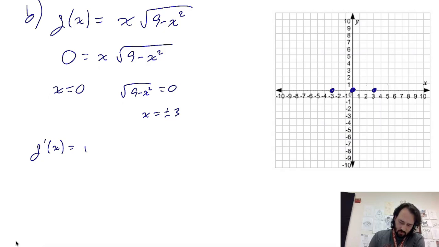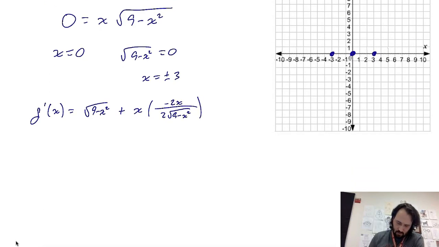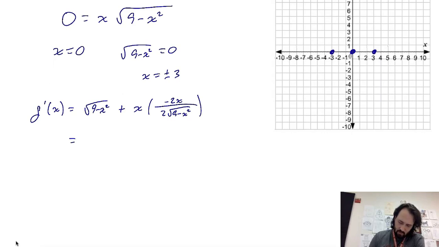So the derivative of the first is just x, so just 1, plus the first times the derivative of the second, and then I'm going to get a common denominator with these things and combine them. Oh, and I need to multiply that 9 minus x squared by 2.